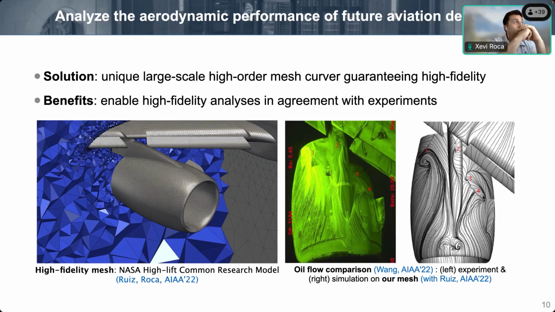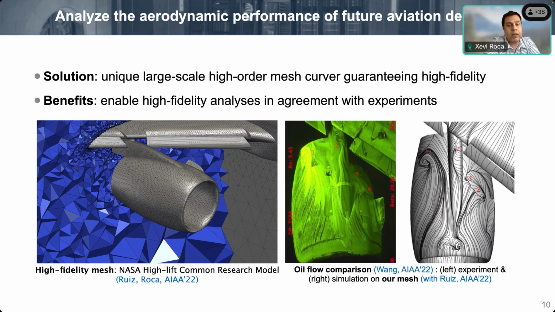This shows that it will enable high-fidelity analysis that agrees with the experiments. On the left-hand side, you have a detail of a curved mesh. It's actually a coarse mesh, but you can get pretty good results with it, running a solution of polynomial degree 4 of the NASA High-Lift Common Research Model. On the right-hand side, you have two pictures.